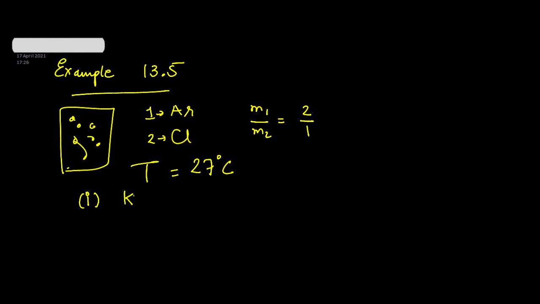Okay, so this question is wrong. Everyone, make a change. એમાં એડ કરવો પડશે એક વર્ડ, એવરેજ ટ્રાન્સલેશનલ કાઇનેટિક એનર્જી, એવું કરી નાખો. Did you make change in the question?